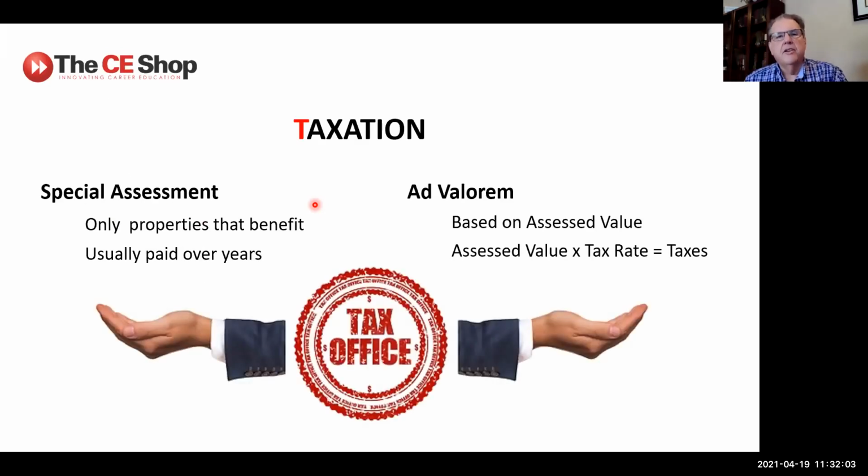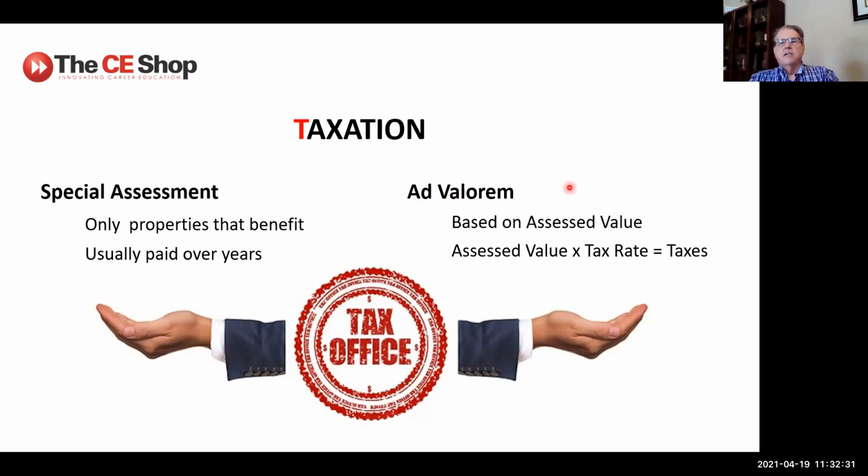So under real estate taxation, a special assessment, usually you're assessed essentially a tax. This is a kind of tax. And you're assessed for the benefits the public work is providing for you. Usually it's paid off over a period of time and then done.